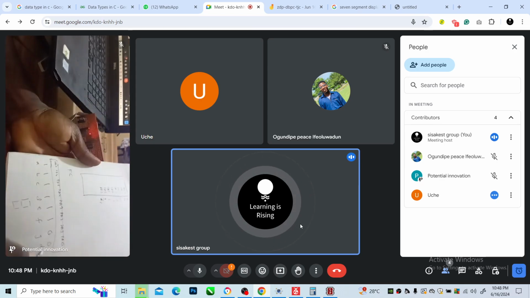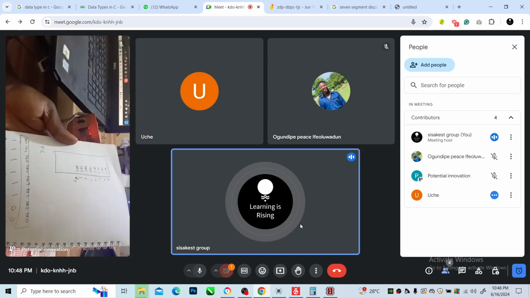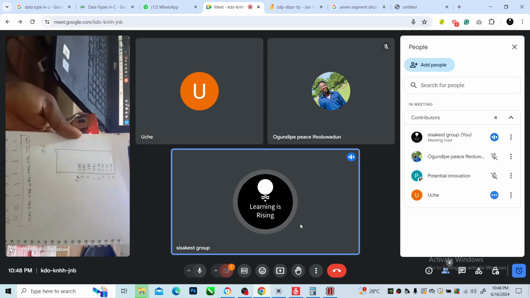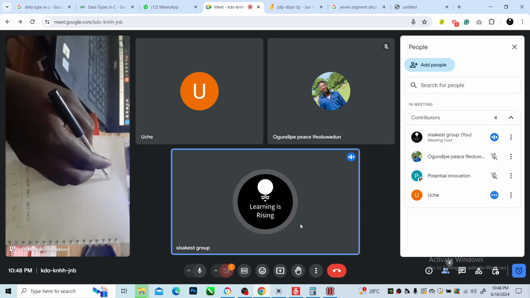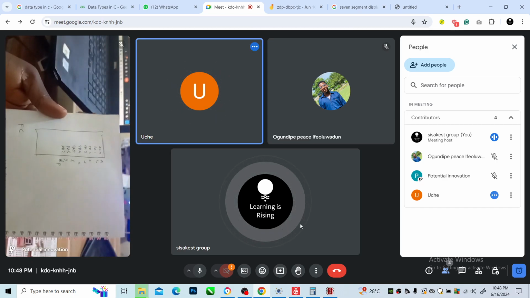PA0 should have been connected to DP. Can you see? What is supposed to be on PA0 should have been DP, but I put A there. Did you see the error?